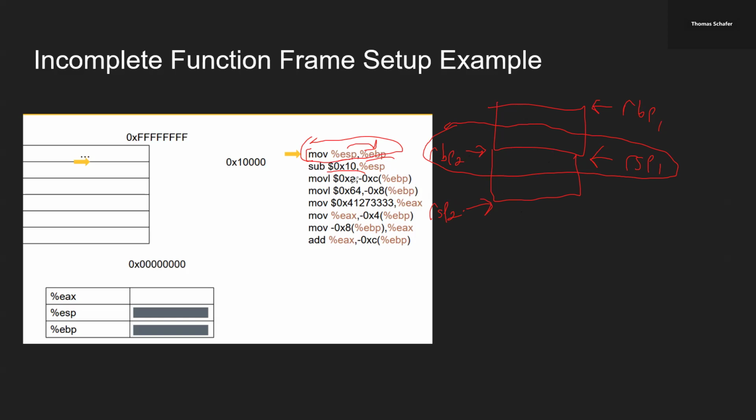Then we are moving 10 into the variable spot for A. It's at a constant offset. And yeah, so the important part here is just how we're setting up the frame by moving the RSP, or the top of the frame of the previous one, as the base pointer of the next one.